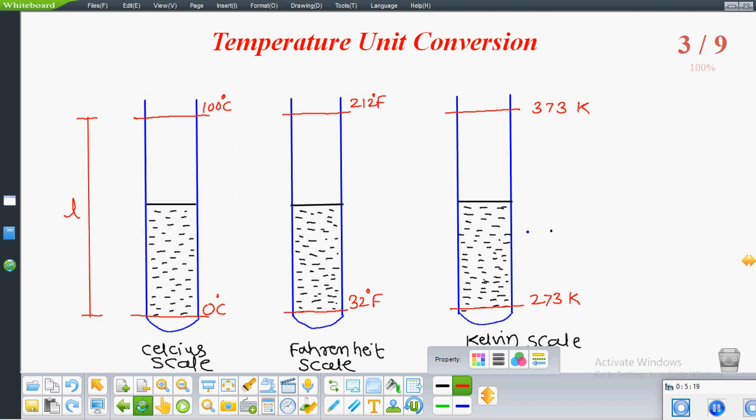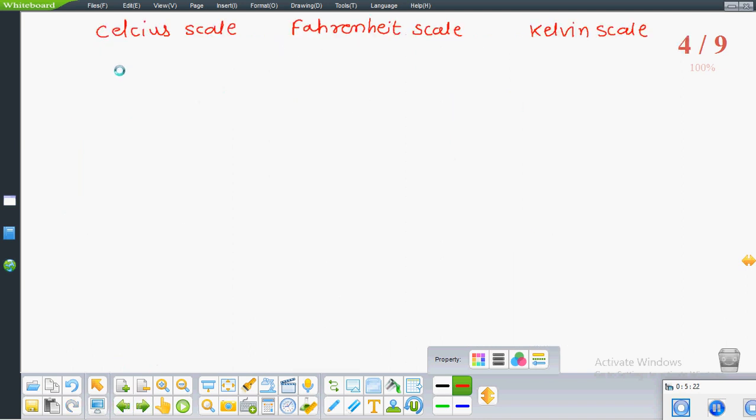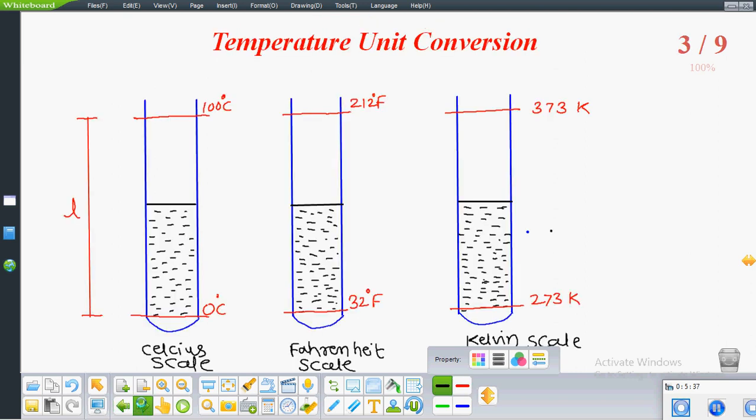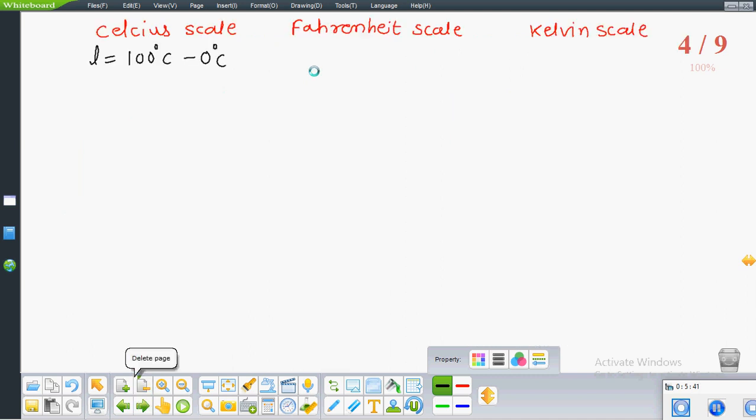So here just take a difference, L equal to the upper limit on the Celsius scale, 100 degrees centigrade, minus 0 degree centigrade. Similarly, for the Fahrenheit scale, the upper temperature is 212 degrees Fahrenheit and the lower temperature is 32 degrees Fahrenheit. L equal to 212 degrees Fahrenheit minus 32 degrees Fahrenheit.